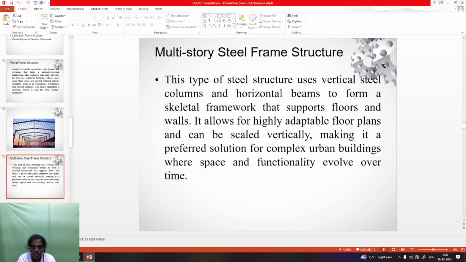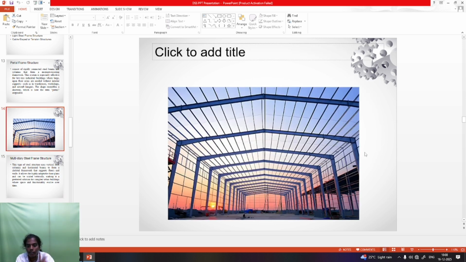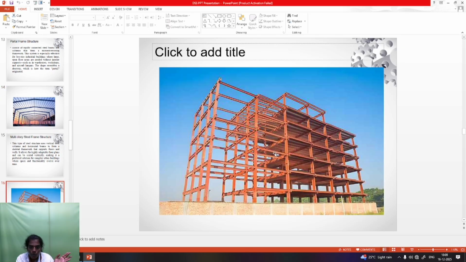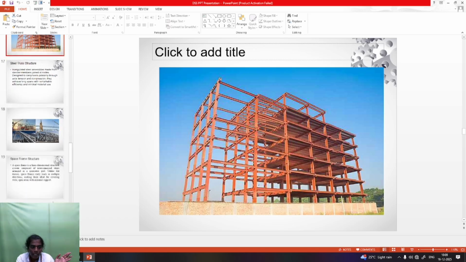This type of structure also has vertical columns and horizontal beams making a skeleton framework. It supports a floor. The portal frame structure does not support a floor, only the long length, normally used for workshops, only beam and column connection. Multi-story means supporting floor levels one by one, so for a high-rise building we use the multi-story steel frame structure.